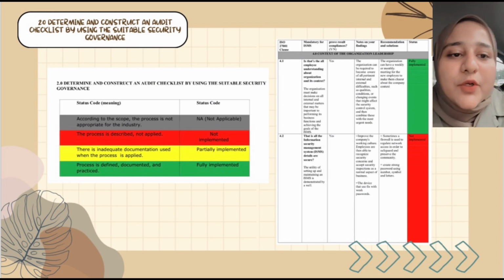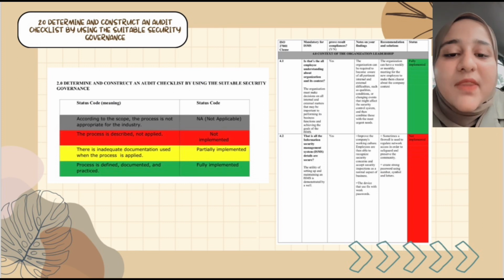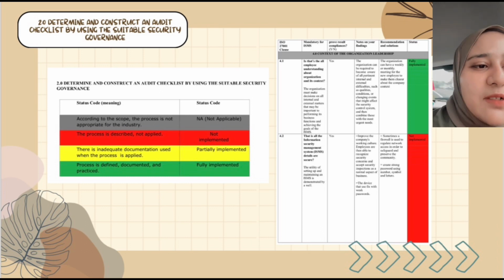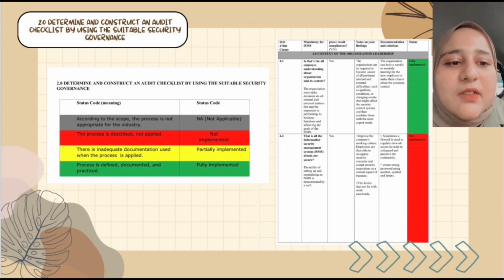For 2.0, determine and construct an audit checklist by using the suitable security governance. For the status codes: not applicable means that, according to the scope, the process is not appropriate for the industry. Not implemented means the process is described, not applied.